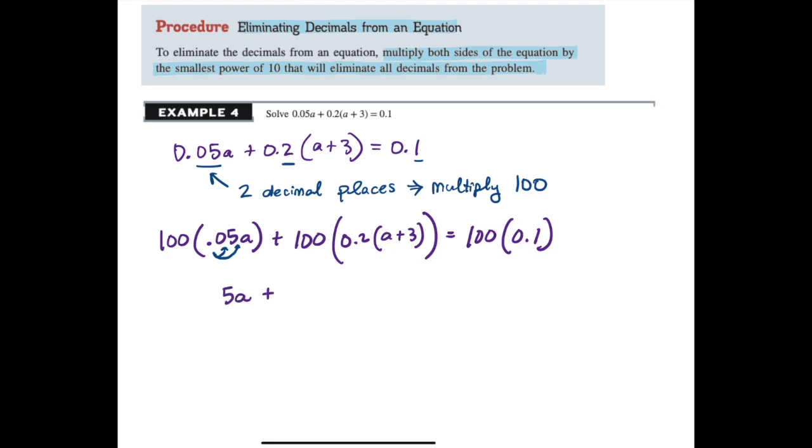Plus, now here, I'll just show this on the side. If I'm doing 100 times 0.2, it's still going to move it over 2 spaces. Notice there's this empty space here, and you would just fill that in with a 0. So 0.2 times 100 will turn into 20.